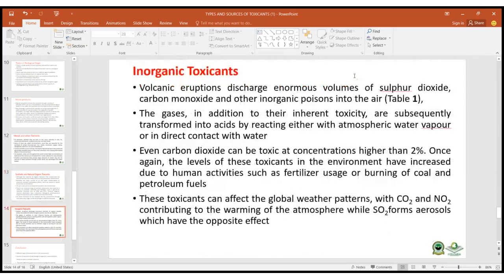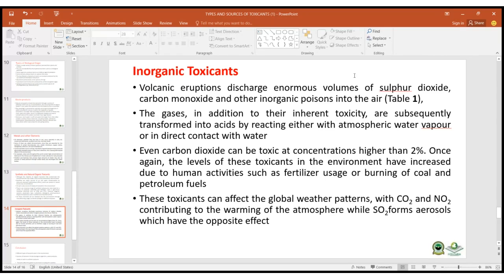So the next one is inorganic toxicants. Now, these inorganic toxicants, like the gases that we mentioned, sulfur dioxide, carbon monoxide, they are products of volcanic eruptions. When there is a volcanic eruption, they are discharged in large amounts into the environment. So if you go back to table 1, you're going to see a good number of them.